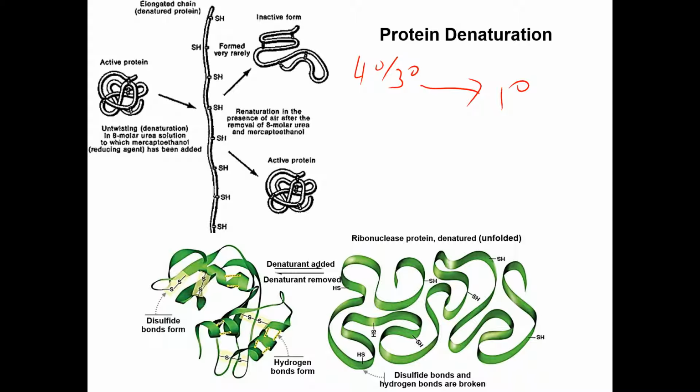It's unfolded. It's unraveled. And it's no longer active. And actually, when it has unraveled, you can have interactions within the protein where it starts kind of binding on itself, and you get this inactive form of the protein.